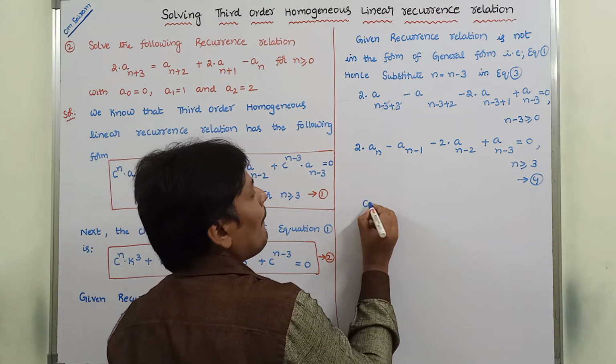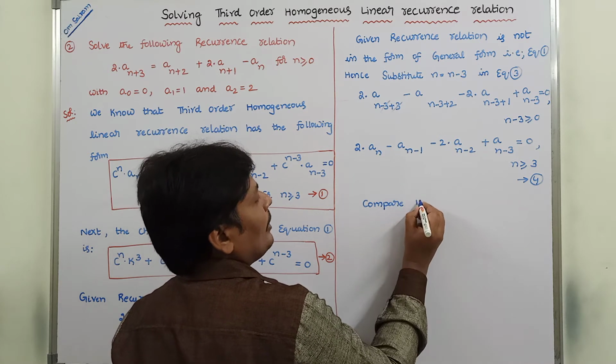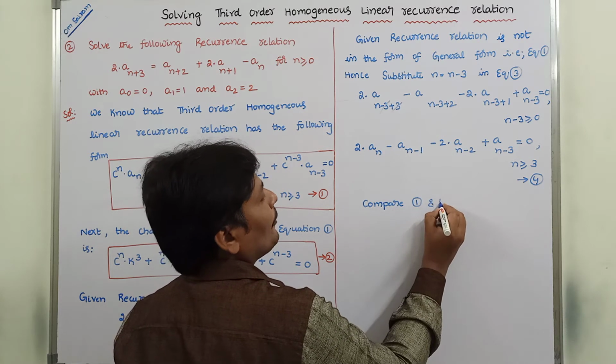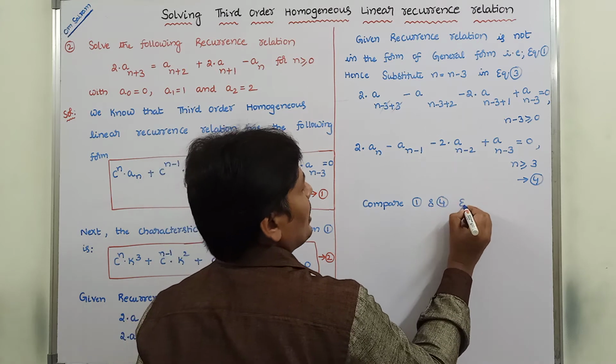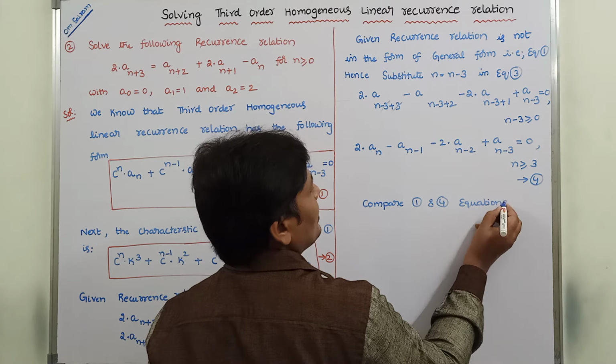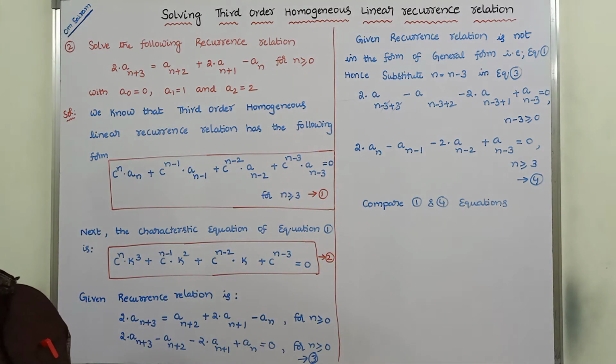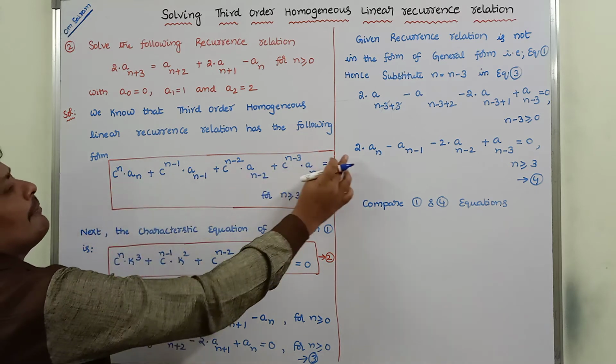So now compare 1 and 4 equations. After comparing equation 1 and 4, so what is the c power n value?